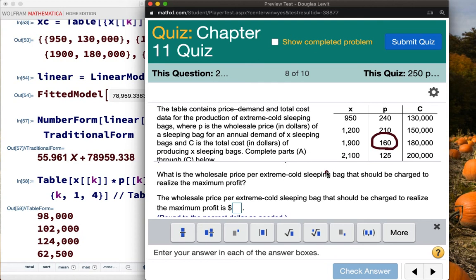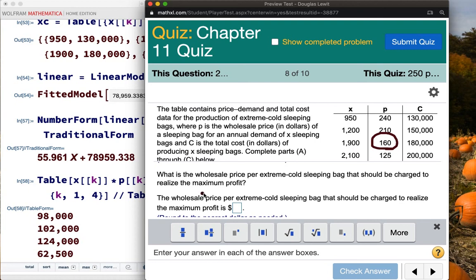So if the maximum profit is $124,000, which appears in the third row of my table, remember, $124,000 is 1,900 sleeping bags times $160 for each sleeping bag minus $180,000, the cost to produce 1,900 sleeping bags.